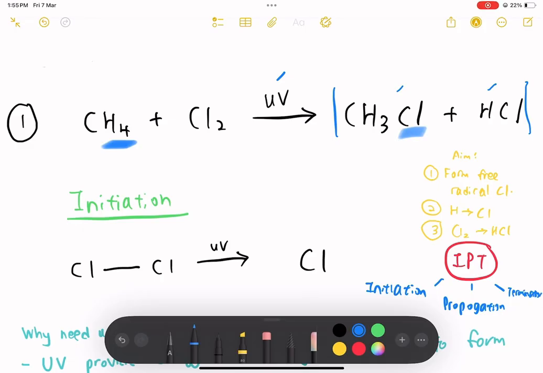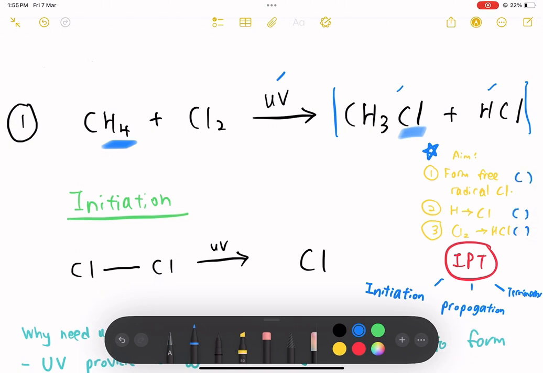So in free radical substitution, we need to remember the aim also. The aim actually helps you know what steps you need to do and make sure that you are doing them correctly. So whenever you do one step, you take it.